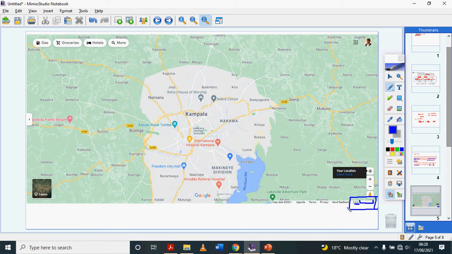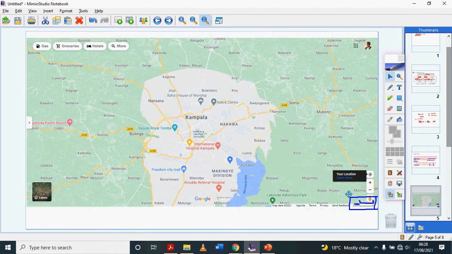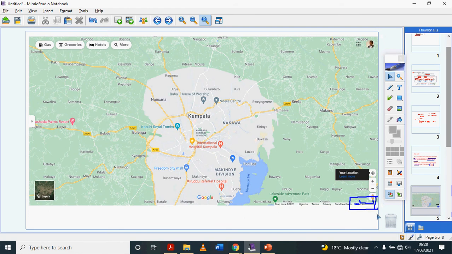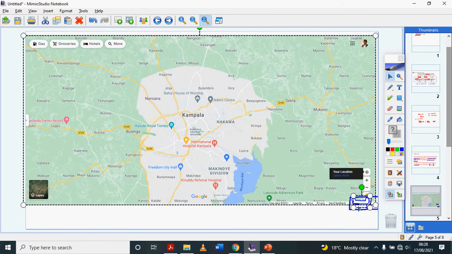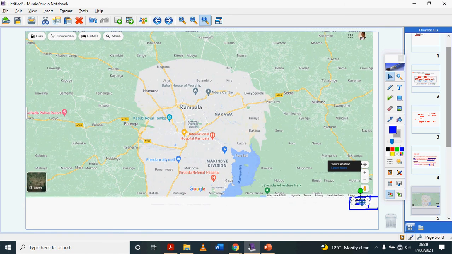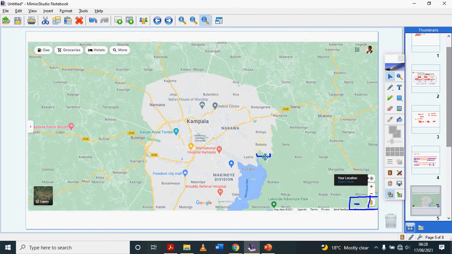So if I try to transfer this distance, that distance, if I transfer it on the map, right?